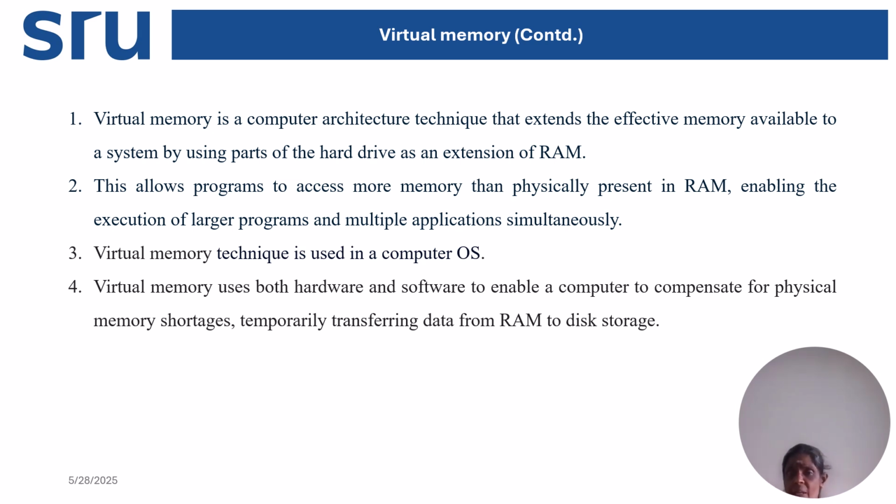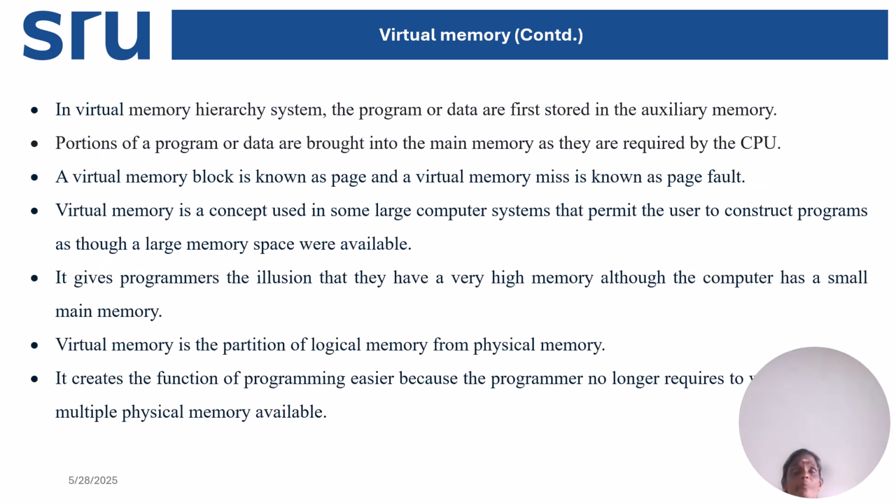And multiple applications simultaneously. The virtual memory technique is used in computer OS. Virtual memory uses both hardware and software to enable a computer to compensate for physical memory shortages, temporarily transferring data from RAM to disk. So for that temporary transfer from RAM to disk, we can use virtual memory.